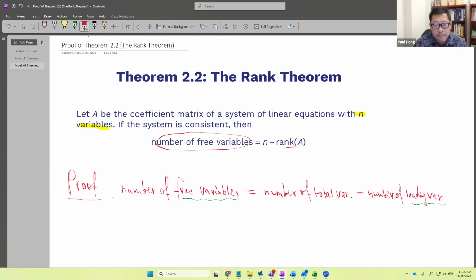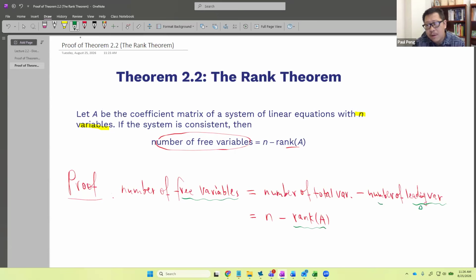So the number of total variables is n, and the number of leading variables is exactly the rank of A. So we are done.